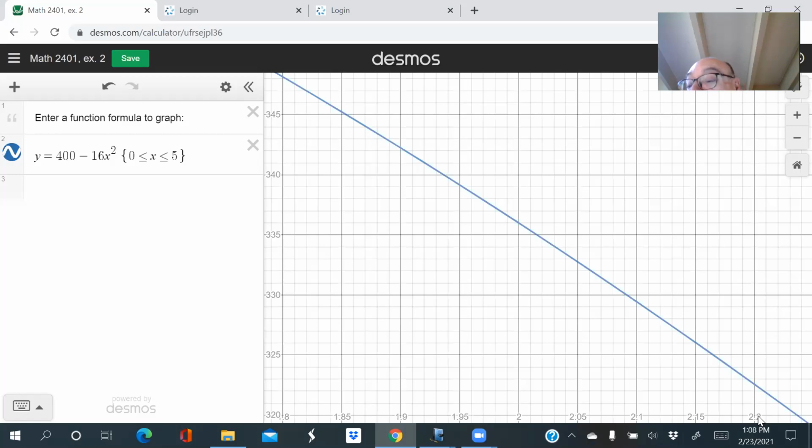Now, it wasn't completely dropping at a steady rate, okay? Because this curve is not a straight line, all right? You know that it's not, right? Because when you zoom out, you can see that it's not a straight line. But essentially, for this little brief window of time, the screwdriver was falling at a steady rate.